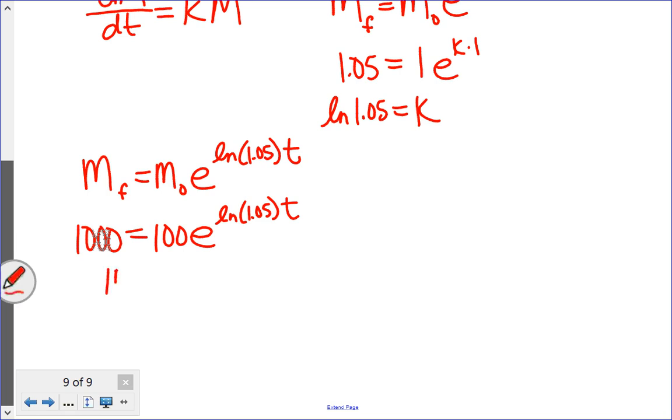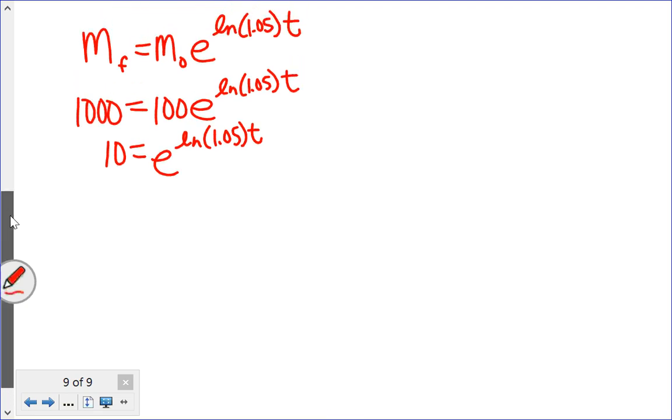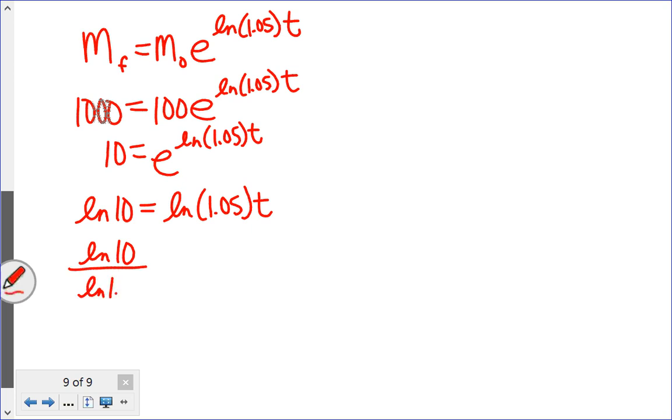And if I write the logarithm that goes with that, I'm going to get ln of 10 equals ln of 1.05 t. So divide by ln of 1.05, we get ln of 10 over ln of 1.05 is going to equal t. So t is going to be about 48 years. You can round that pretty liberally because we're just giving that as a big amount of time.